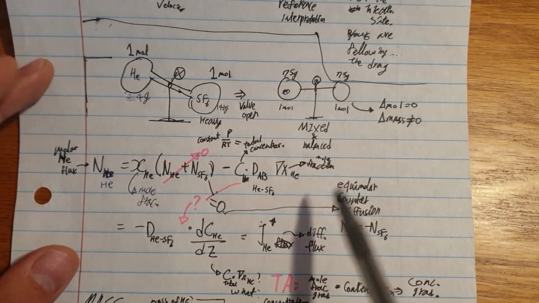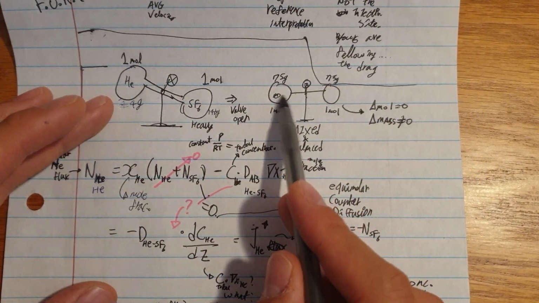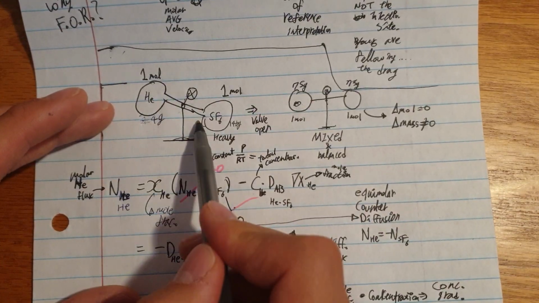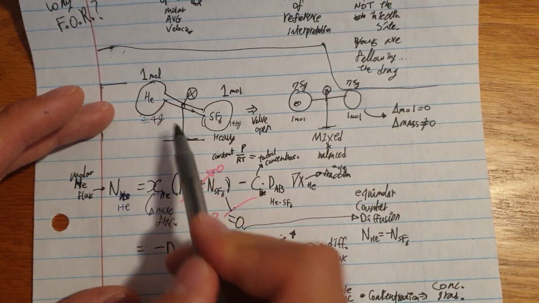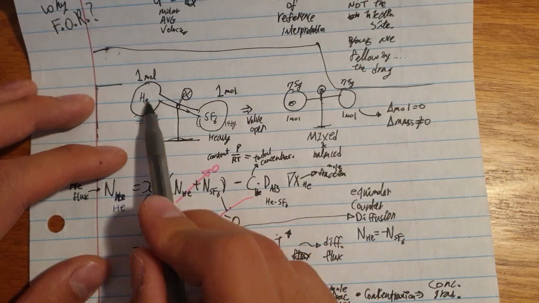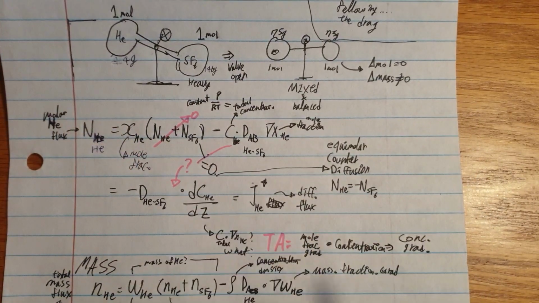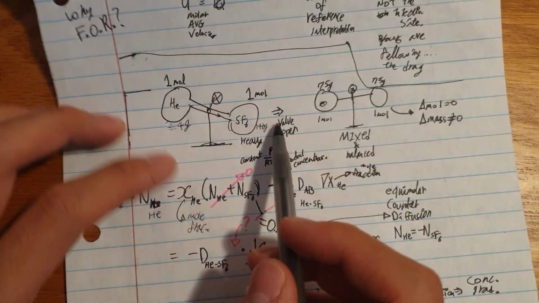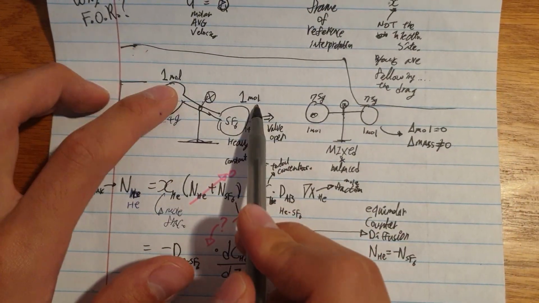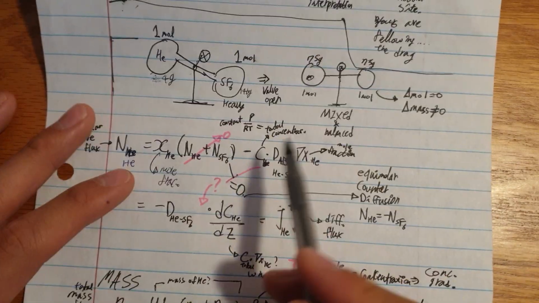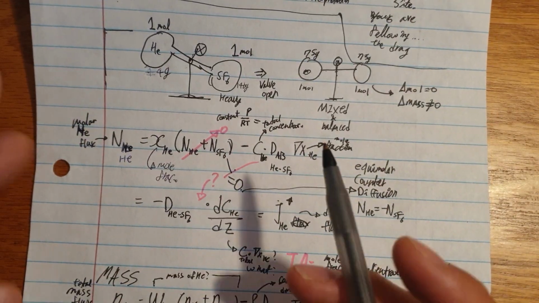So in terms of molar scale, 0.5 mole of helium went this way, and 0.5 mole of SF6 went the other way. They're basically the same amount, just a different direction. That's why there's a negative sign. If you add them up, it goes to zero, because there's 1 mole and 1 mole at the beginning and 1 mole and 1 mole at the end. So no molar flux.